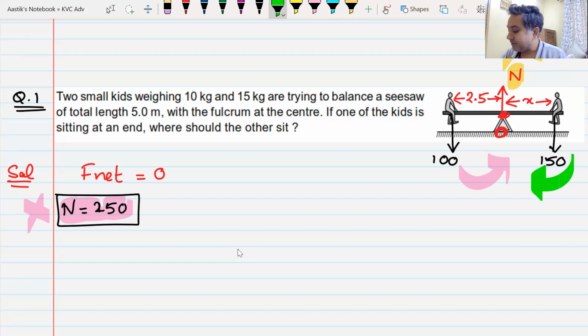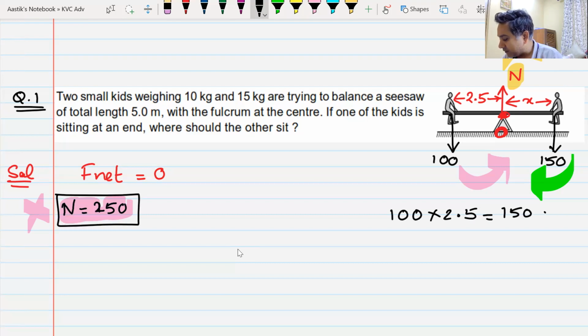Yes, sir. That means the torque due to the 100 Newton force, in the anti-clockwise sense, is 100 multiplied by 2.5. That should be equal to the clockwise torque, which is 150 times x.